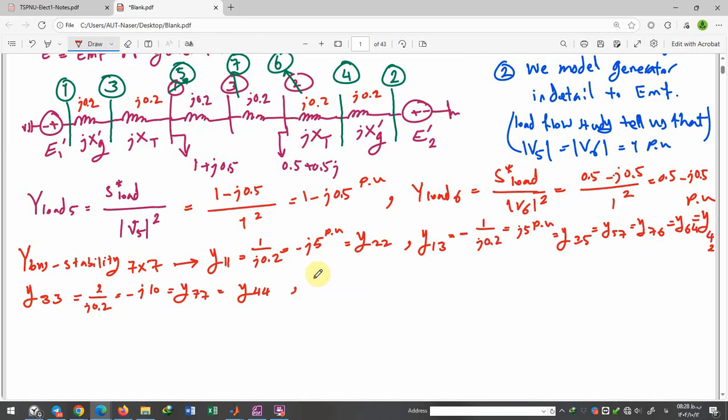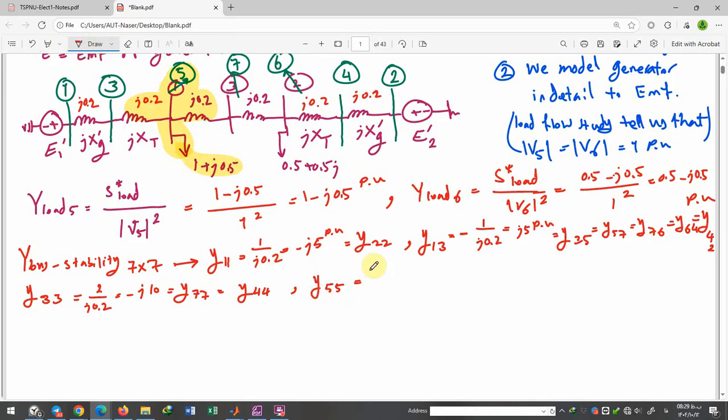But for finding Y55, we have 3 elements connected to bus number 5: 2 elements of 0.2 and a Y of load.